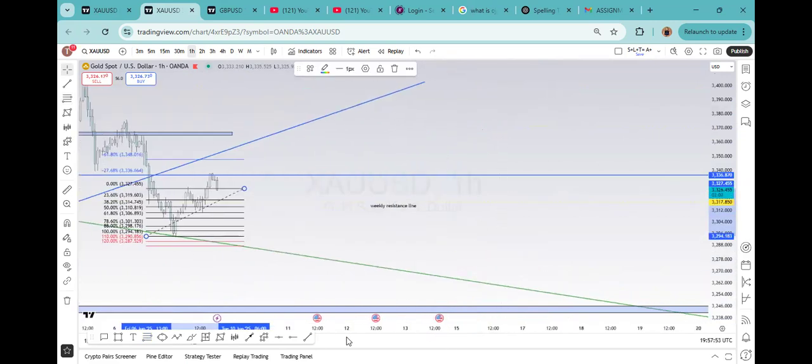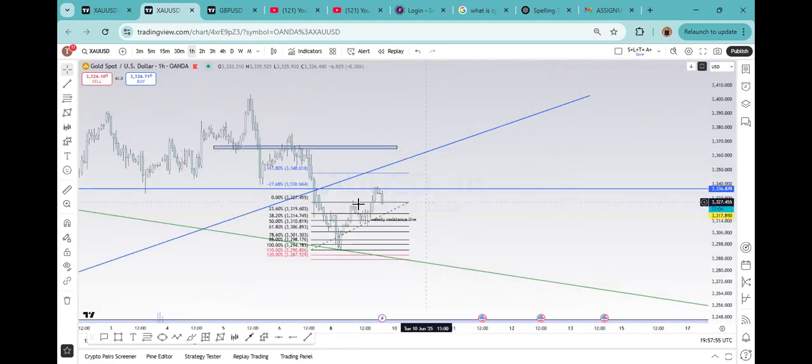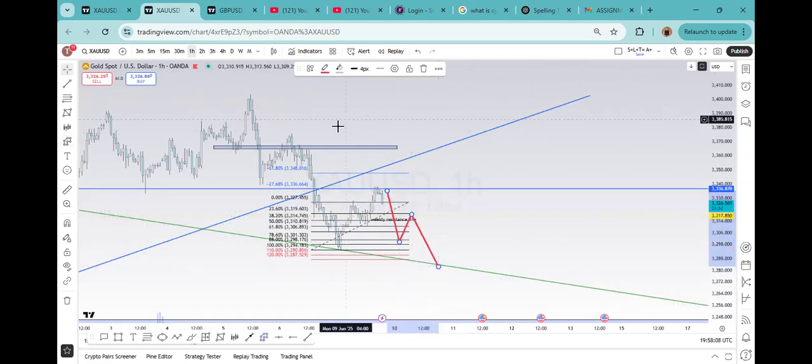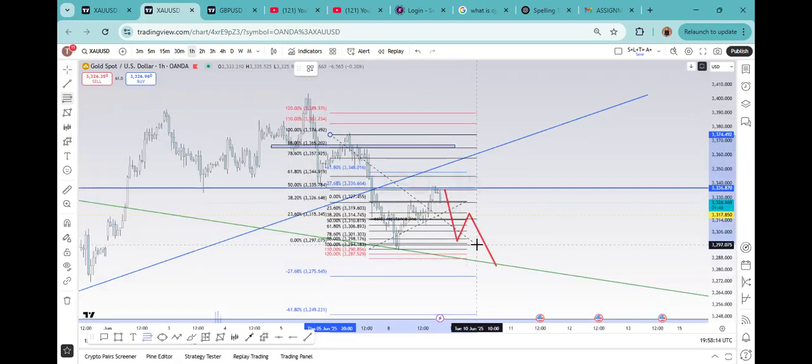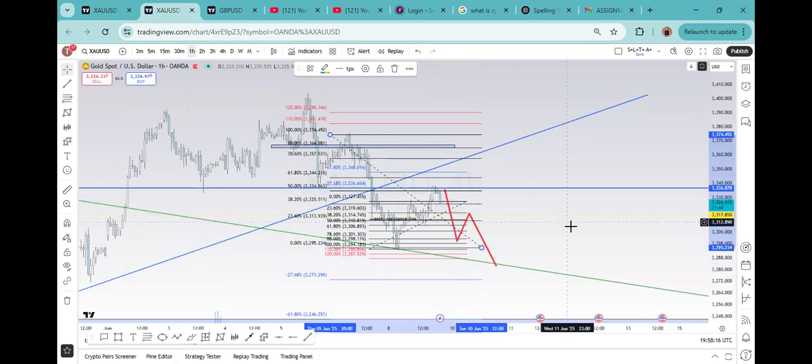And so a good confirmation will be a minor structure of that. And then the fib you'll be working with to take profits will be around here.